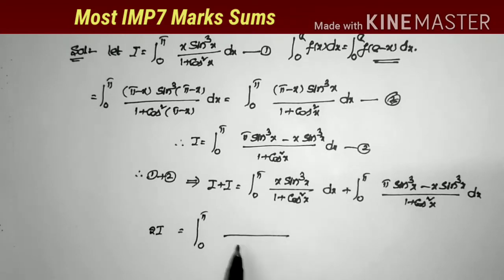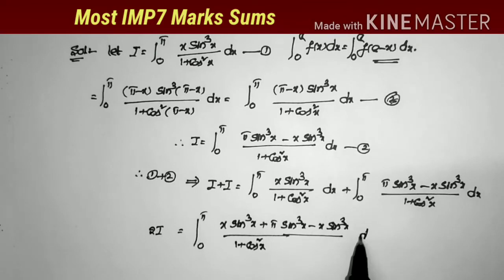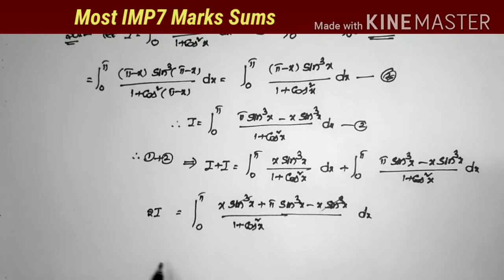Also we have the same denominator, so taking the LCM 1 plus cos square x, this is x sin cube x plus pi sin cube x minus x sin cube x into dx. Here x sin cube x and minus x sin cube x get cancelled.